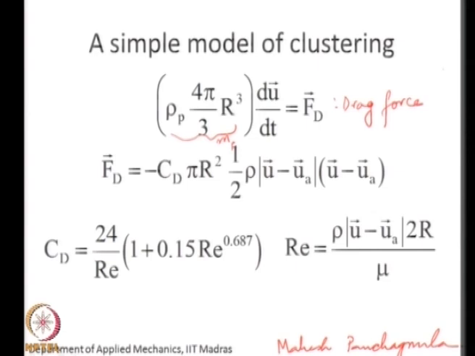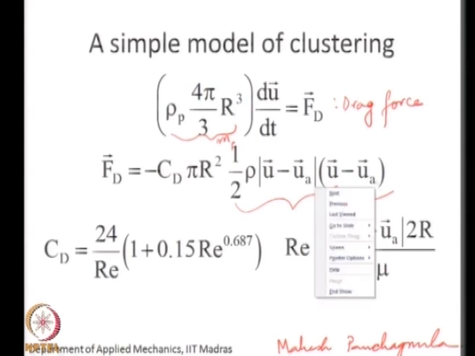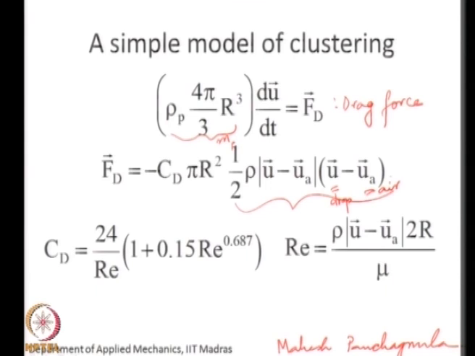The drag itself has got two components. One, the fact that drag is proportional to the relative velocity between the drop, this is the drop velocity and this is the air velocity, and a drag coefficient.